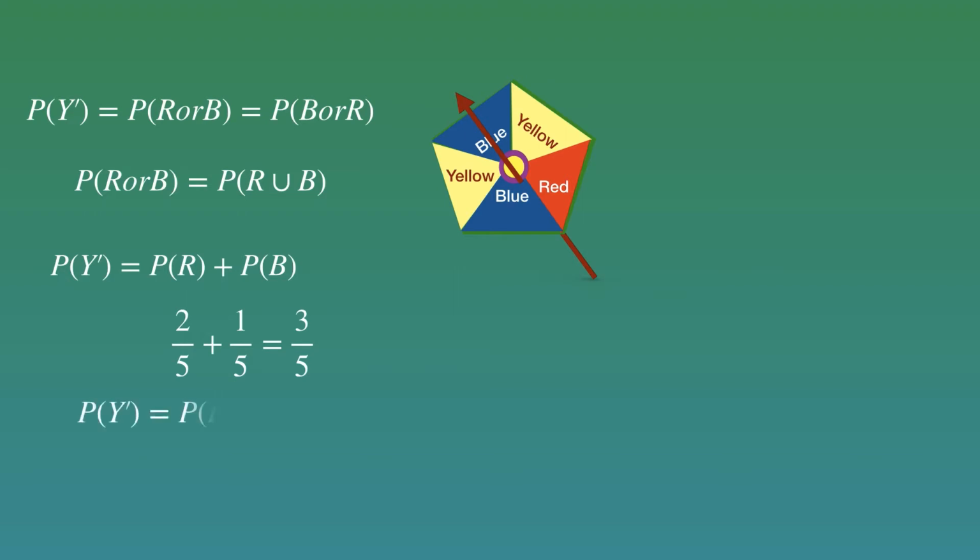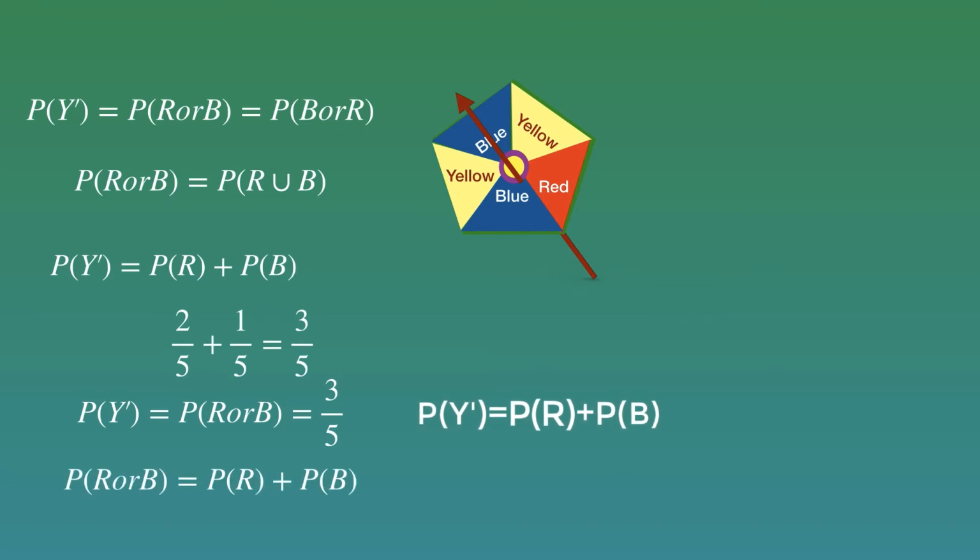Since the probability of not landing on yellow is equal to the probability of landing on red or blue, and it's also equal to the probability of landing on red plus the probability of blue, this implies that the probability of landing on red or blue is equal to the sum of the probability of landing on red and the probability of landing on blue.